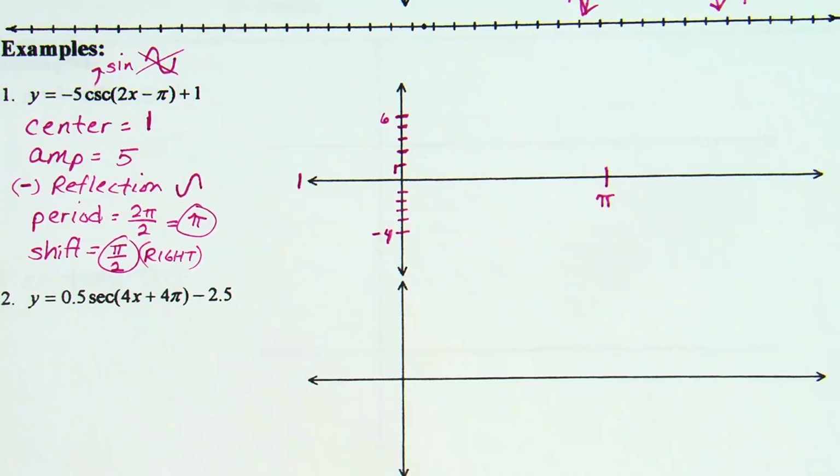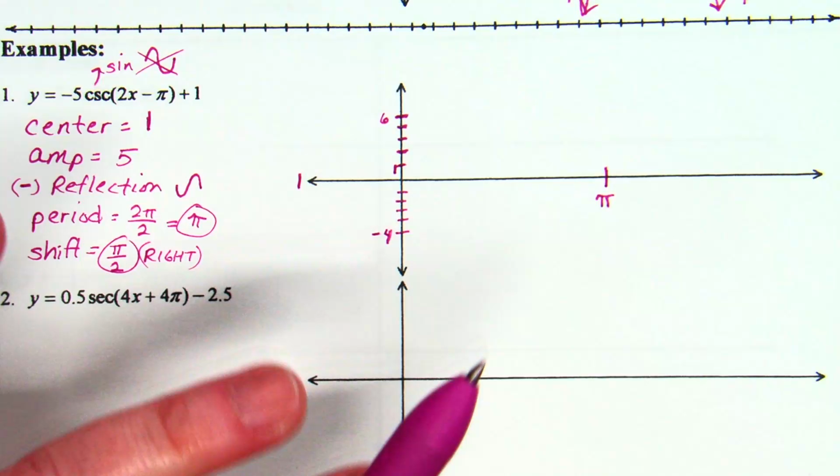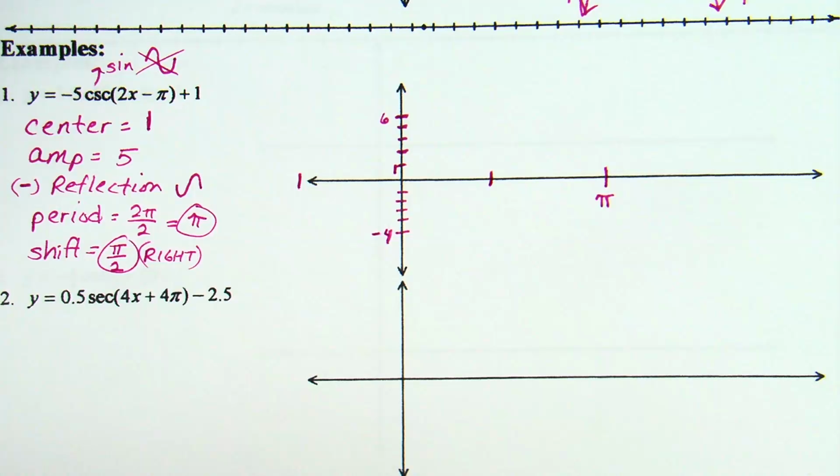Now, how many sections am I breaking this into? I'm always taking my period and breaking it into halves to begin with, but four total pieces, right? So, what is the halfway point of 0 and pi? Pi over 2. Now, those are good labels.